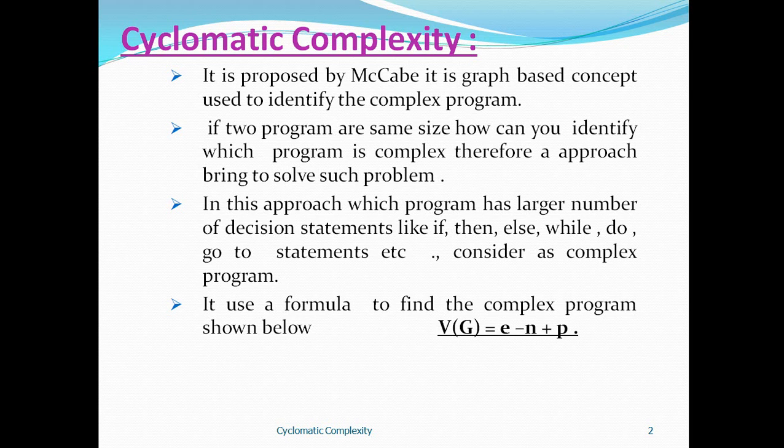In this approach, a program which has a large number of decision statements like if, else, while, do while, go to, etc., is considered a complex program. It uses a formula to find the complex program, as shown below.